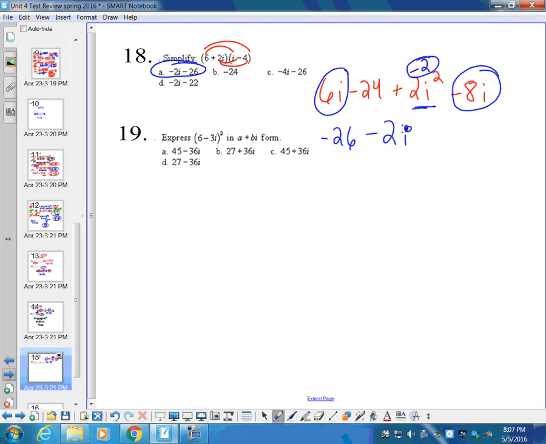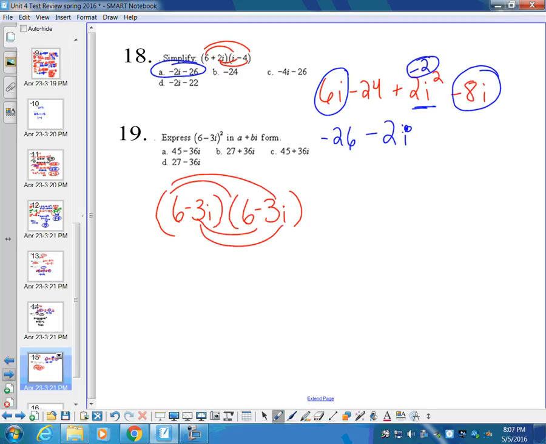Okay, the next one, you got to write it twice because you're squaring it. So lobster, or distribute the 6 and distribute the 3i. So you get 36, negative 18i, negative 18i, plus 9i squared.